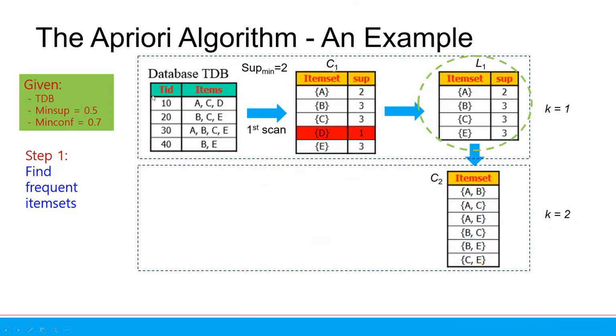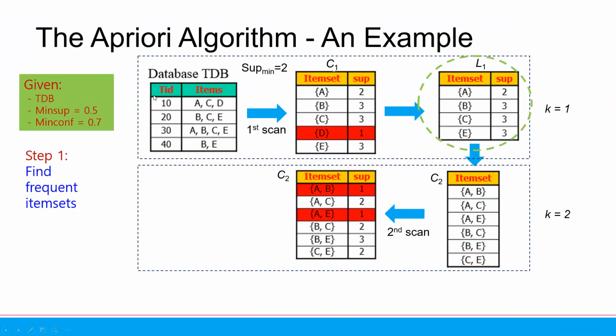Now we need to scan again. In this scan, we will check the support frequency. I can see that AB is 1, AC is 2, AE is 1, BC is 2, BE is 3, CE is 2. We know that the minimum support equals 2.